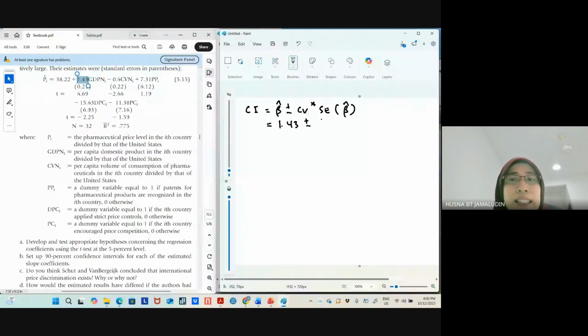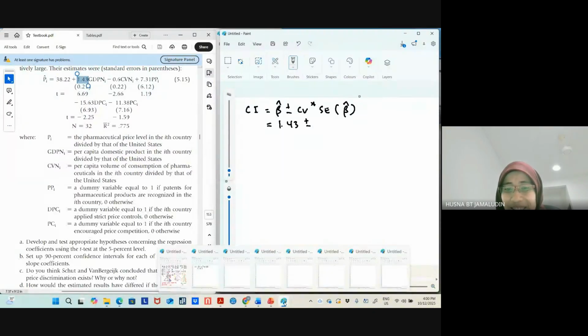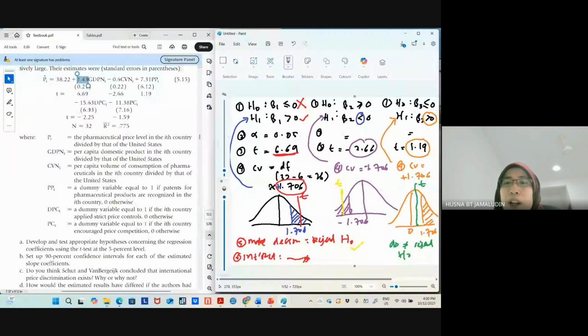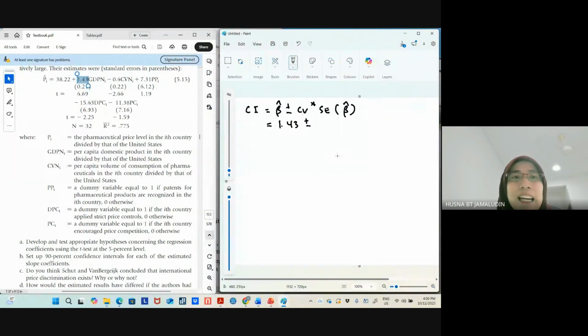So you have to find the CV. I think we computed the CV just now, right? What was our CV just now? 1.706. Luckily, I don't really have to go back to the table. 1.706, and then you multiply with the standard error of the beta.